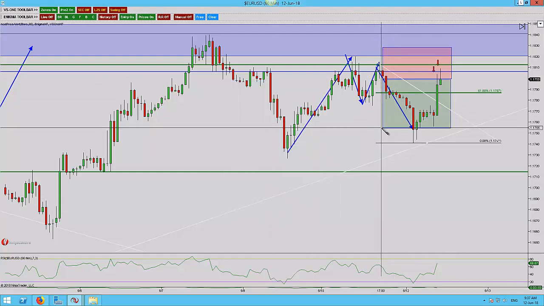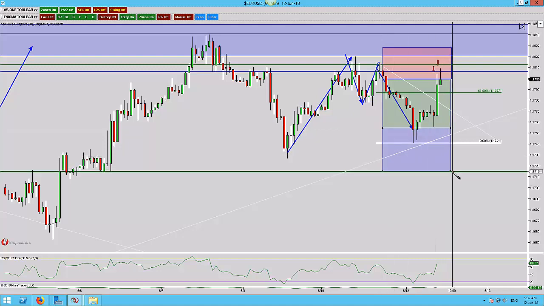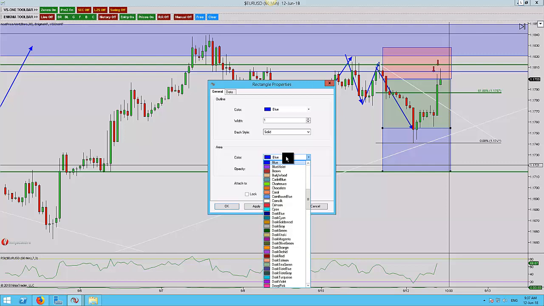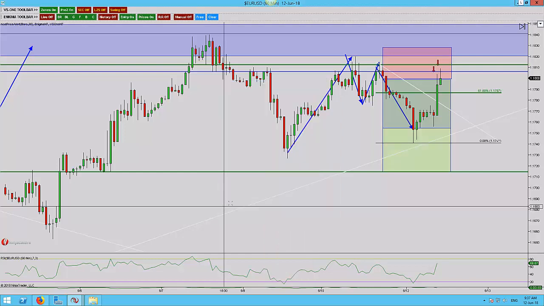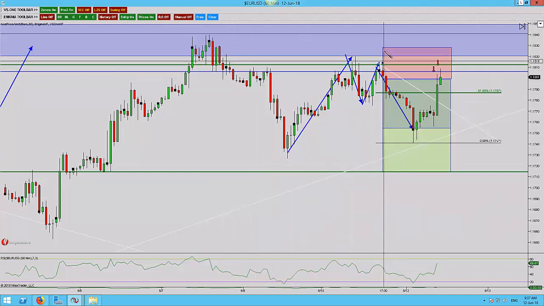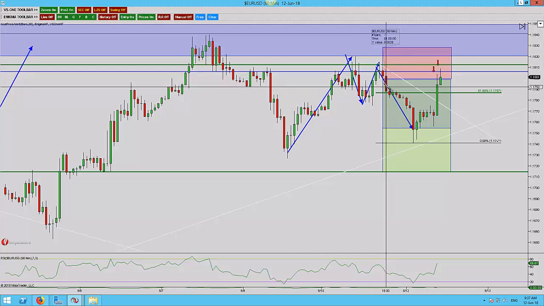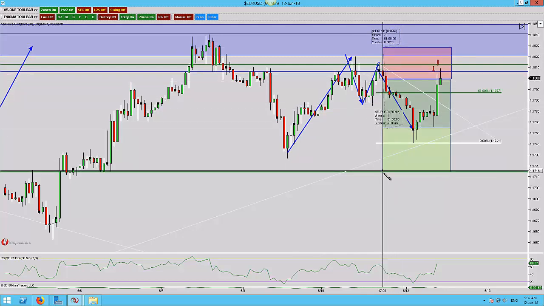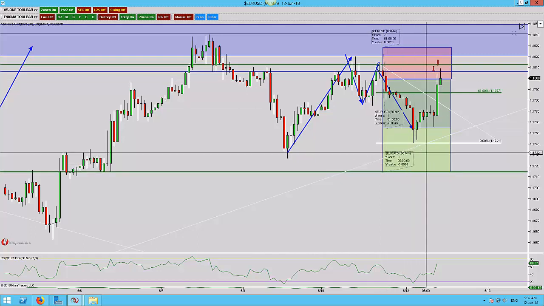And then my second target is going to be the retest of the 382, which is the completion of that AB equals CD pattern, which is the daily time frame bias, which is bearish. Okay, so we're looking at a risk of 28 pips for target 1's 46 and target 2's 86.